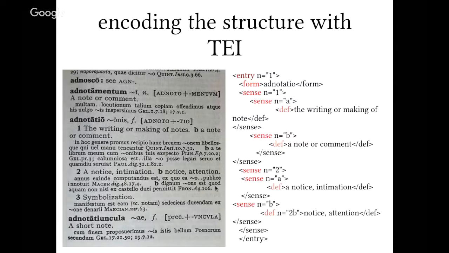Now I will try to present a way to encode the structure that we see here. As I said, using the TEI XML module, we have to state explicitly that we have here an entry that starts at some point, and the head word is encoded in the form element, and then the various senses follow in the structure as they stand in the dictionary.